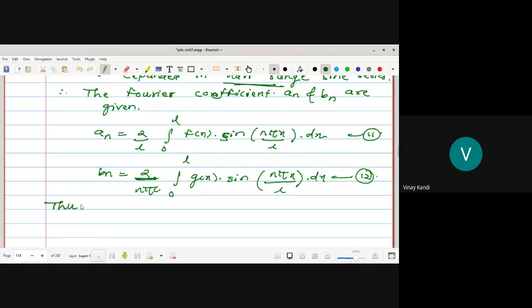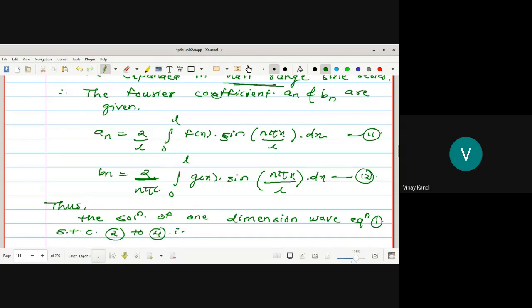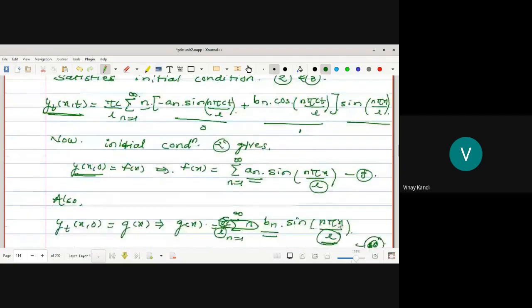Thus the solution of one-dimensional wave equation 1 subject to the conditions 2 to 4, okay, it's given by equation 7, that is y of x, t.